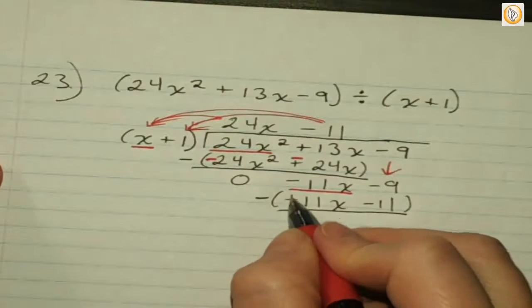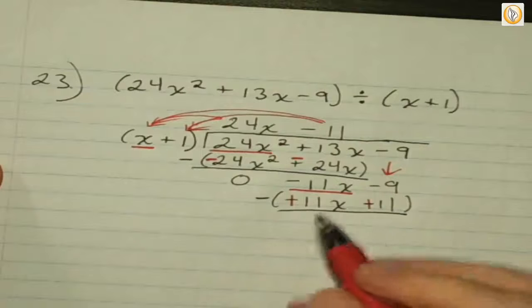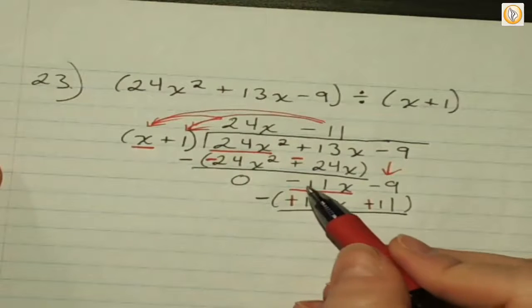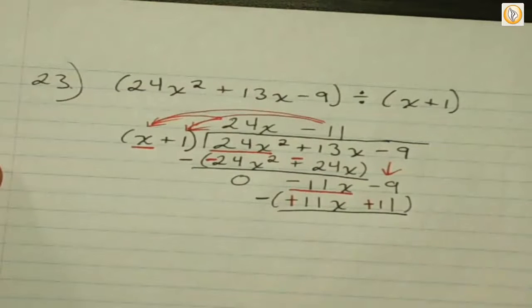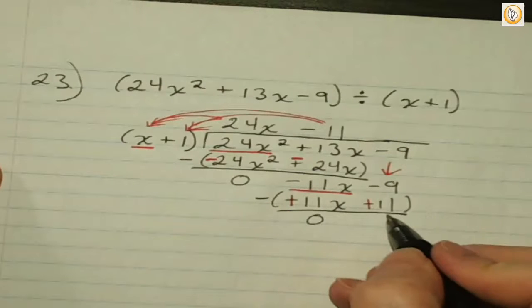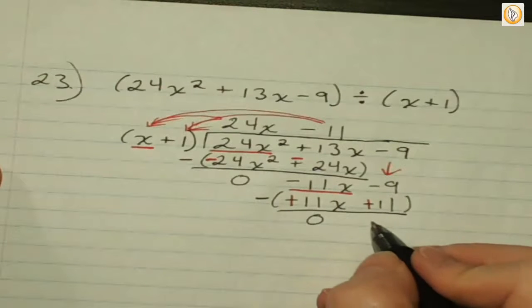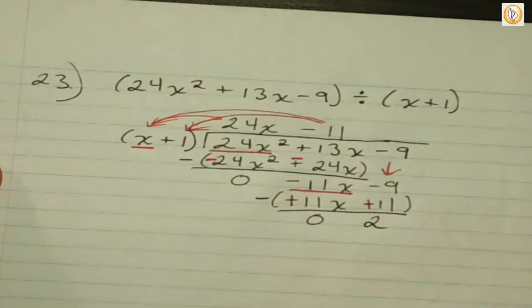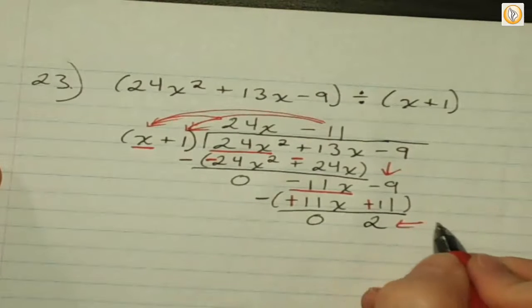It becomes flipped. So, Michaela, -11x and +11x is? Okay, so that'd be 0. And then -9 and +11? 2. Okay, this is our remainder.